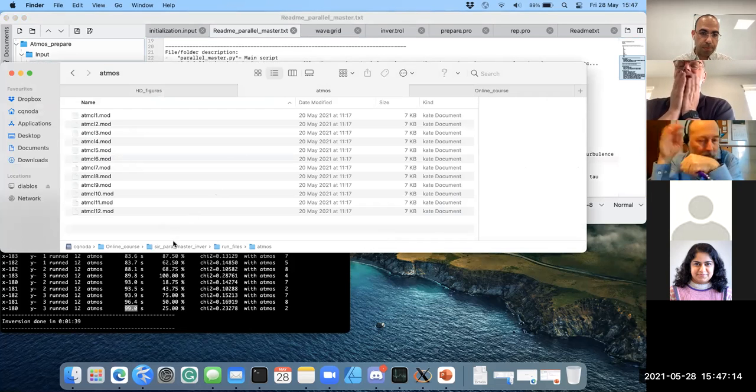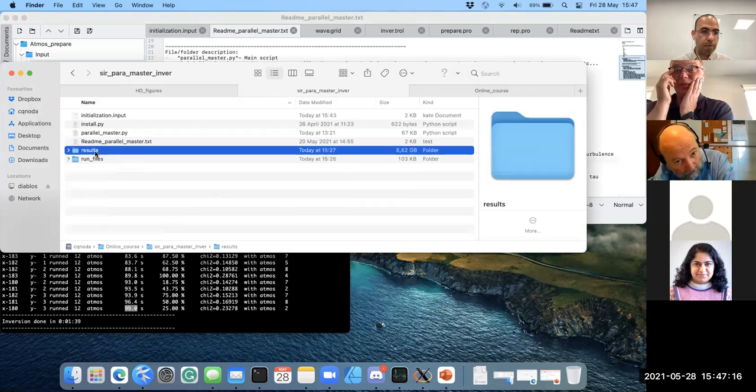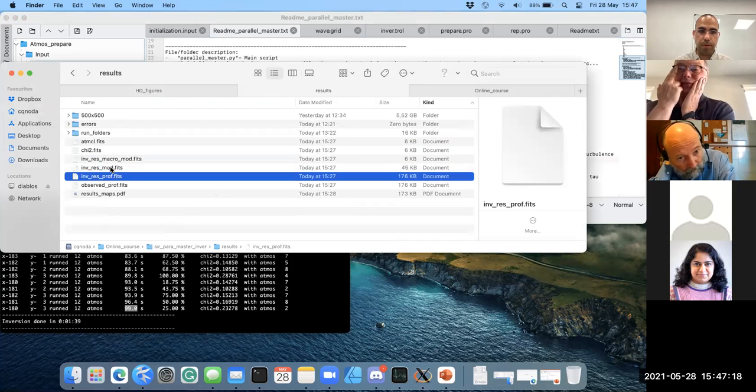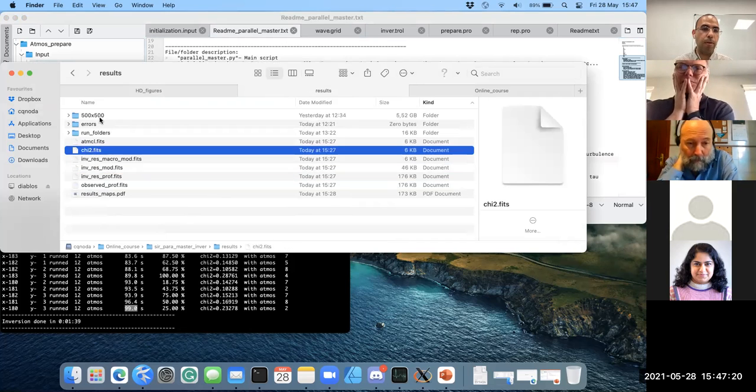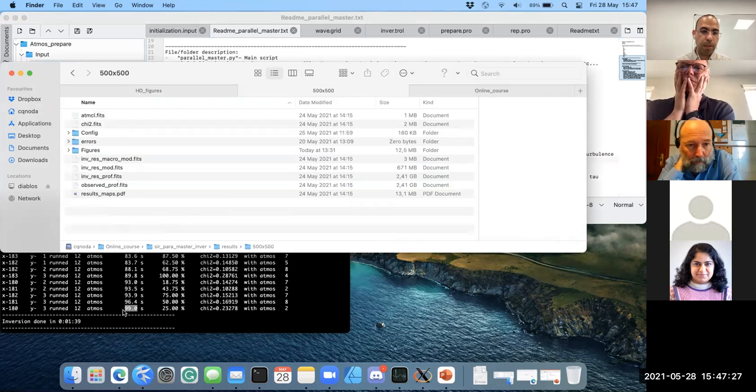Now let's go to this result. These are all the files that we are doing now, but I ran all the cube, the 500 times 500 pixels. So now let's go there because it's easy to visualize everything.